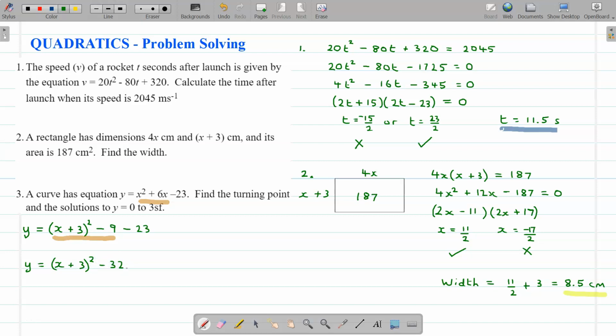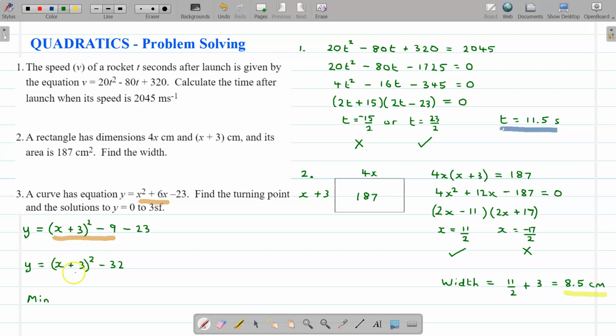Now we've got to solve the equation that equals 0. But before we solve that, this is where we can write down the minimum point. The minimum point occurs when this is at its smallest, and the smallest value this bracket can ever be is 0, because when you square something, it's always going to be positive.